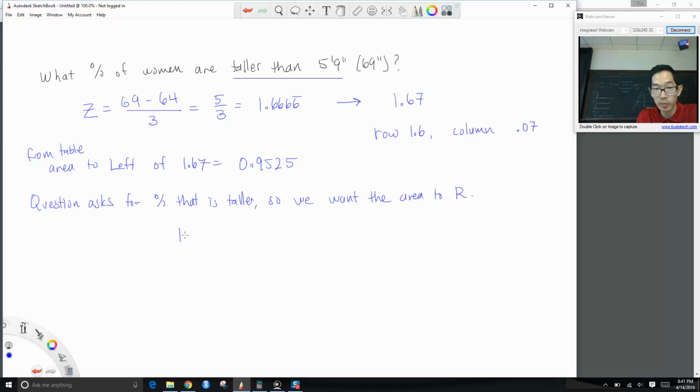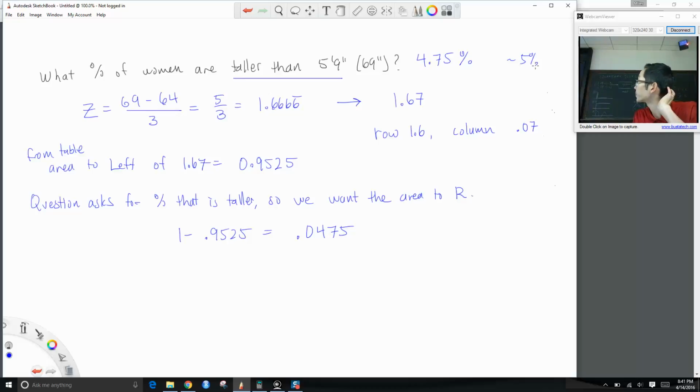So we get 1 minus 0.9525, and we get 0.0475. What percentage of women are taller than 5'9"? We would say 4.75%, or something around 5%.